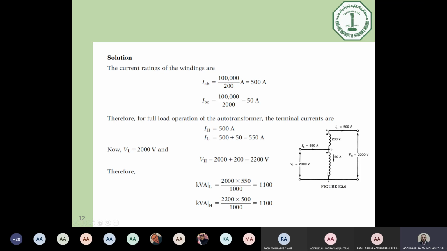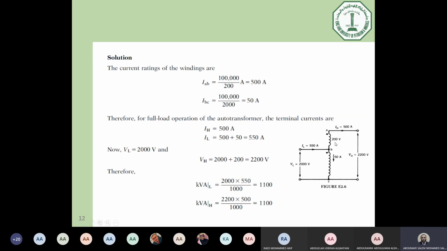However, in the connection now, if you place the 200 volt coil on top of the 2000, this is going to make the primary current equal the summation of the two currents, the 500 and the 50 ampere. So I low side now will be 550 amps, and the high side will be the same current of the 200 volt coil, because we cannot move in the coil itself higher than the rated value of the coil.